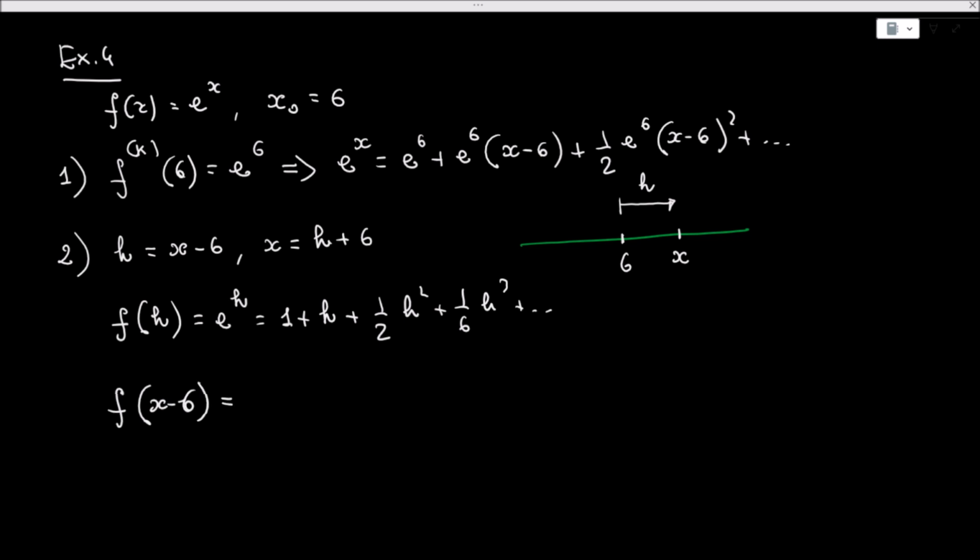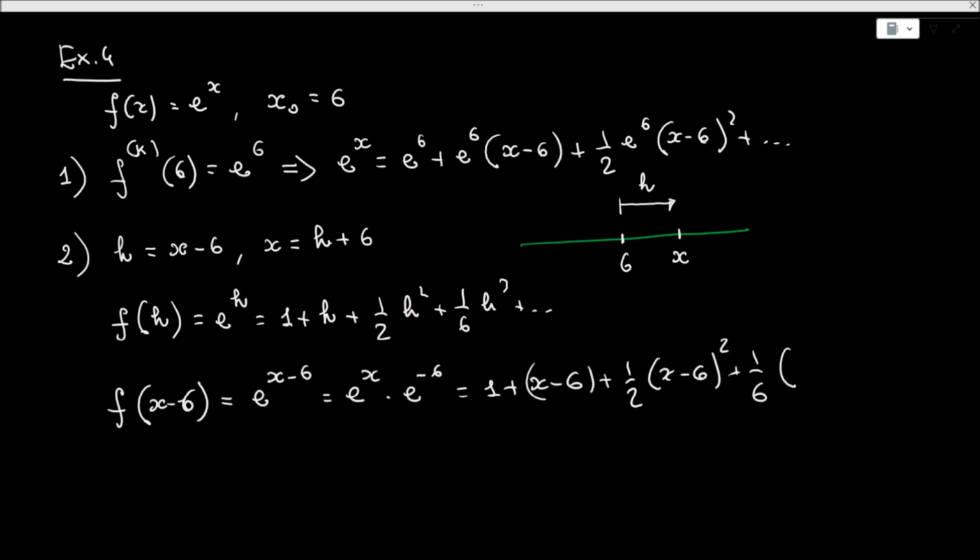This is now what? e to the x minus 6, which is e to the x times e to the minus 6, and this is equal to 1 plus x minus 6 plus 1/2 (x minus 6) squared plus 1/6 (x minus 6) cubed, and so on and so forth.